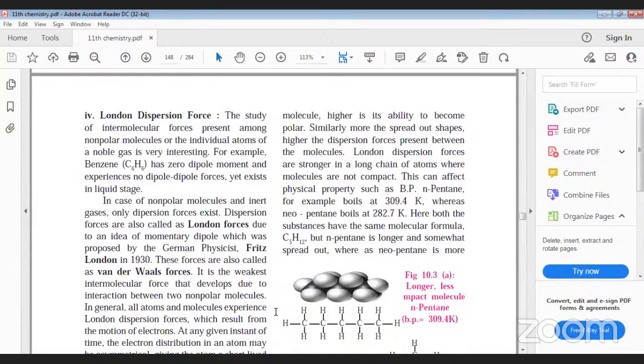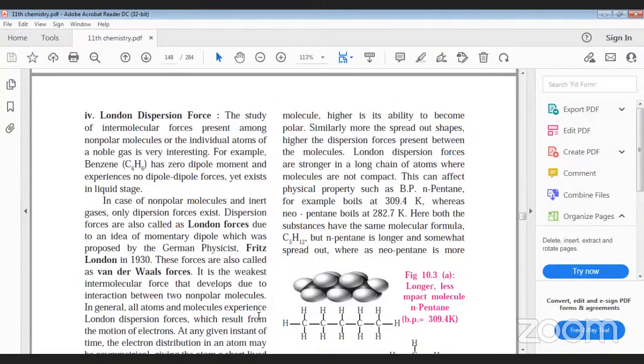So what makes them polarizable for a while? A London force. What is a London force? It is a momentary dipole which is generated due to the movement of electrons around a nucleus. So the movement of the electron cloud around a nucleus generates a momentary dipole.